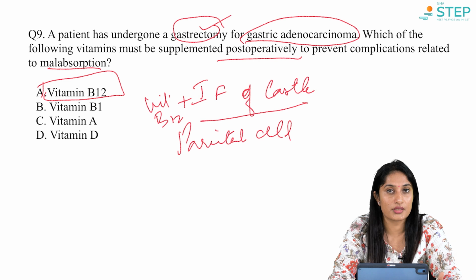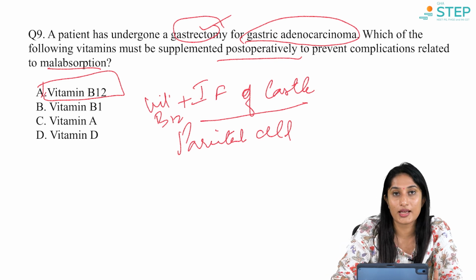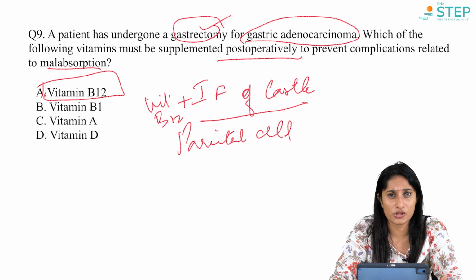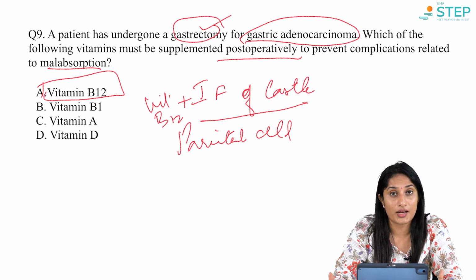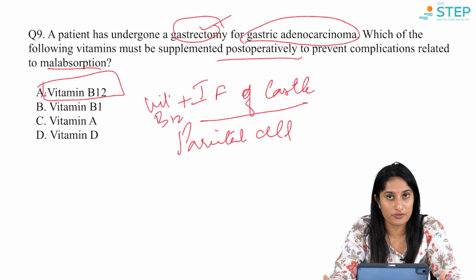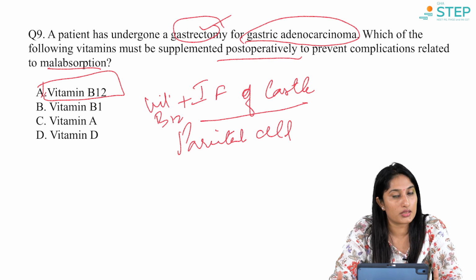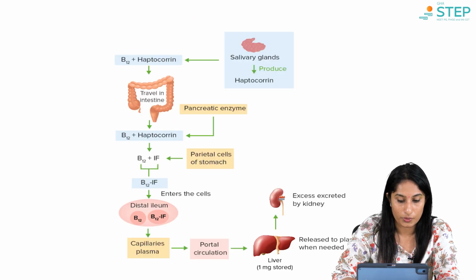If there is no intrinsic factor, vitamin B12 cannot be absorbed. This patient has undergone gastrectomy, so when the stomach is removed, there is no question of parietal cells producing intrinsic factor. So this has to be supplemented post-operatively to prevent the complication. The correct answer is vitamin B12.